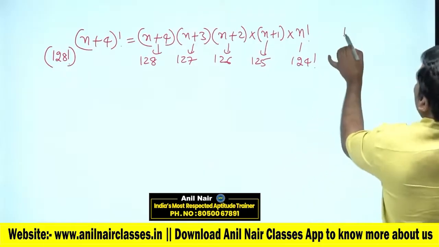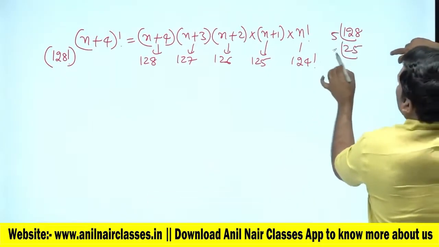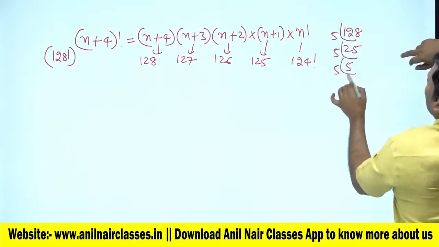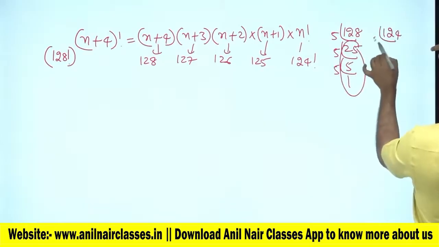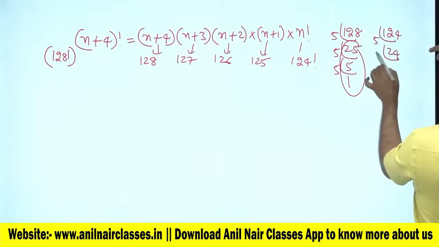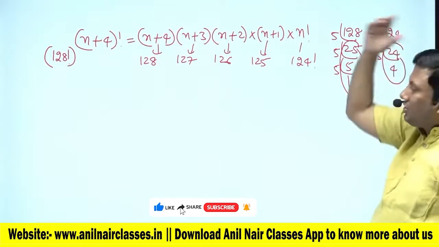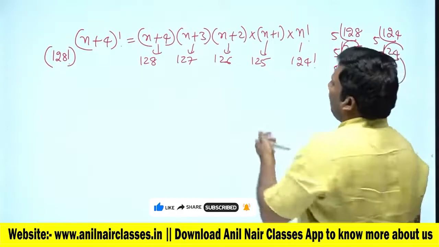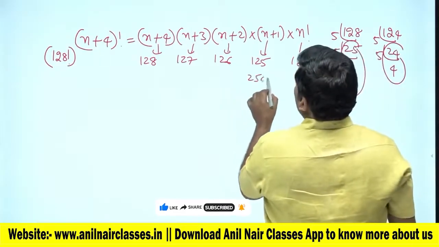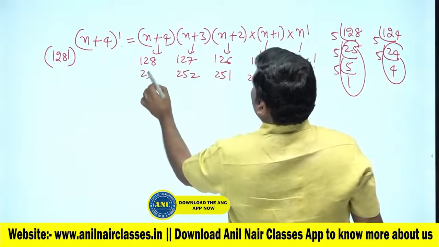Now see here. If I take 128 factorial, 5 25s, 5 5s, 5 1s, there are 31 zeros. If I take 124, 5 24s, 5 4s, that is 28. I got 3 extra zeros. Yes or no? Or it can be 250, 251, 252, 253.